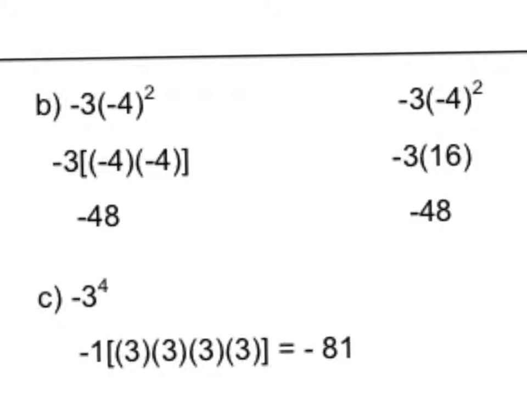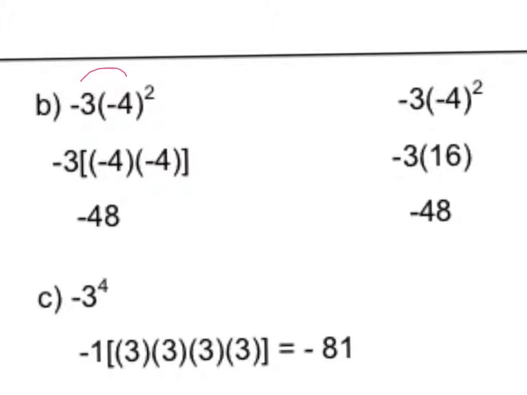Okay, example 2 for B, where you have negative 3 times negative 4 squared. And again, we'll go through both ways, one repeated multiplication, the other just using BEDMAS. So negative 4, when it is in brackets and squared, is negative 4 times negative 4.